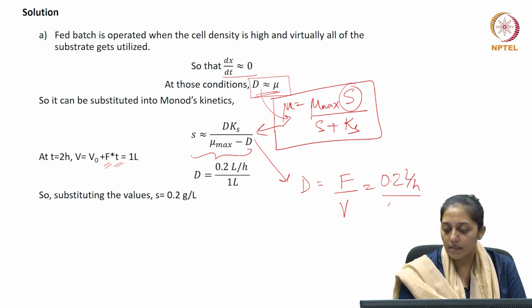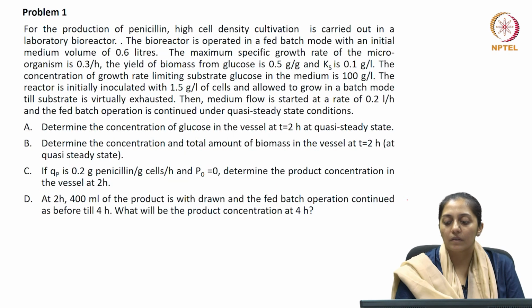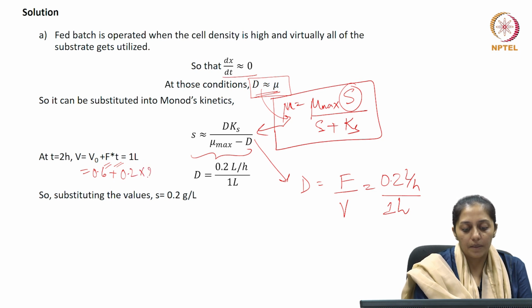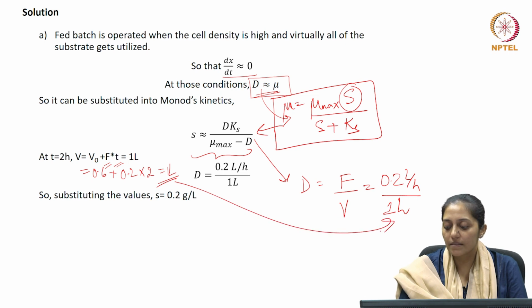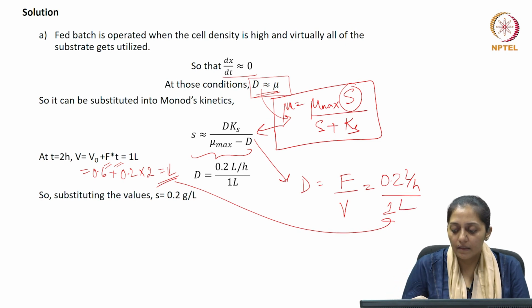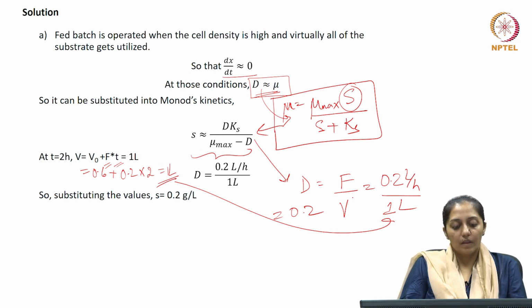V0 was 0.6 liters, F was 0.2 and time is 2 hours. So then your final volume becomes 1 liter. Now if this 1 liter is substituted at 2 hours for the volume, then the dilution rate comes out to be 0.2.